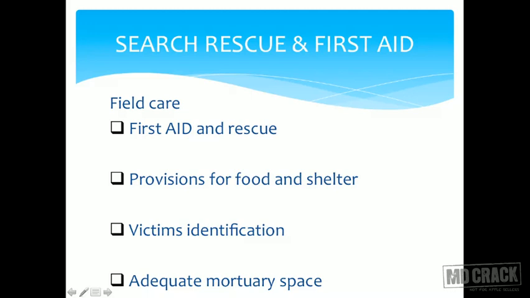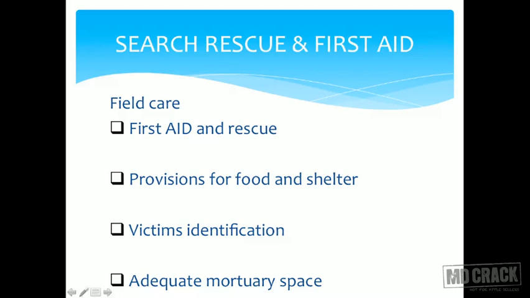Provisions of food and shelter have to be made, because many a times the shelters are destroyed, so you will have to arrange for temporary shelters, blankets, pillows, stuff like that. Victim identification has to be done very rapidly. Most of the time, try that people who are ambulatory or who can be treated at the periphery do not come to the healthcare facility, because the healthcare facility in all probability is expected to be overwhelmed, and therefore they should be treated peripherally.